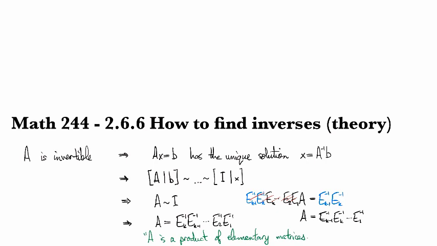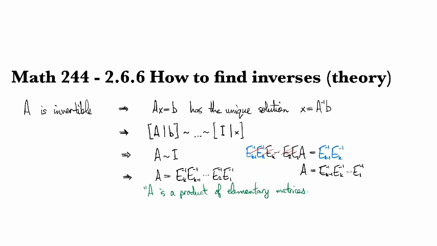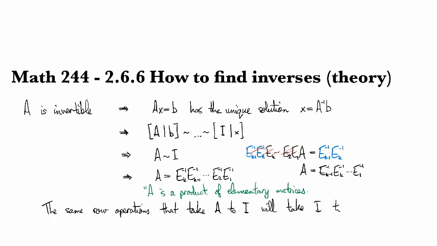Okay, so now let's take a look at this situation. This means that the same row operations that take A to the identity will take the identity to A inverse.